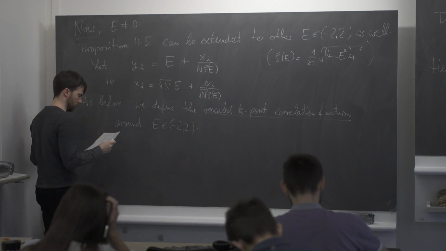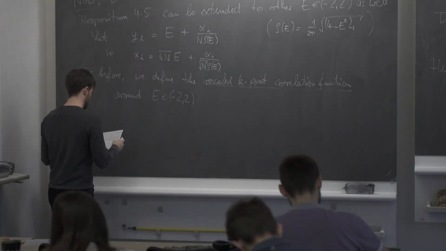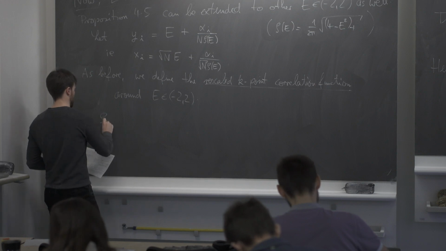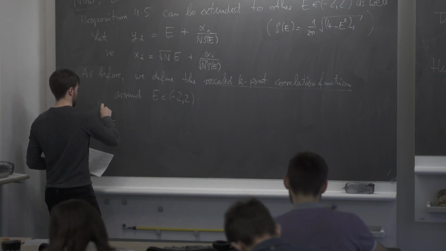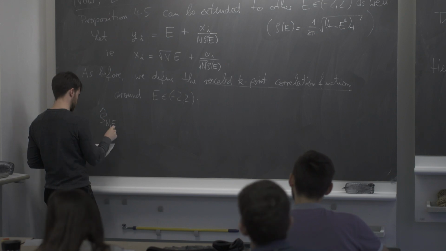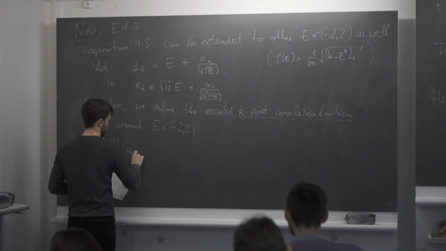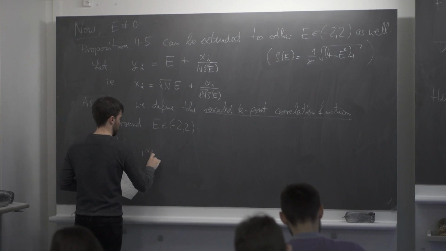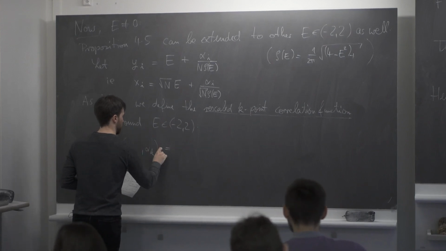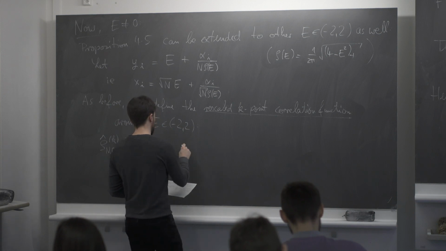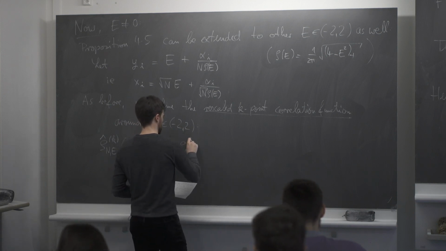We define it as follows. So it has the same head, then there's an n, and there's an additional parameter e, and it will be evaluated at alpha 1 up to alpha k. So that's rho n k.